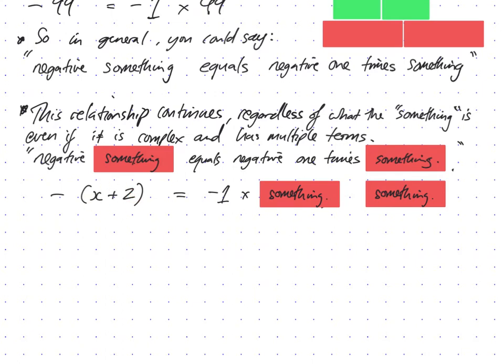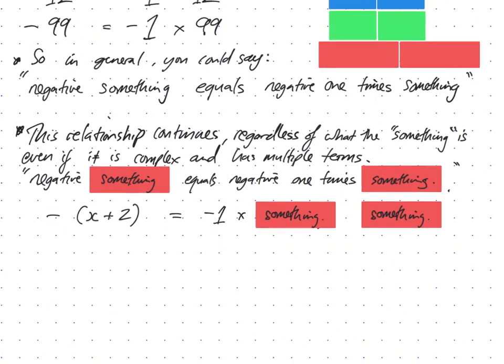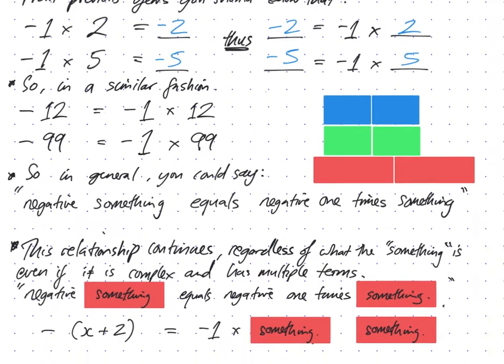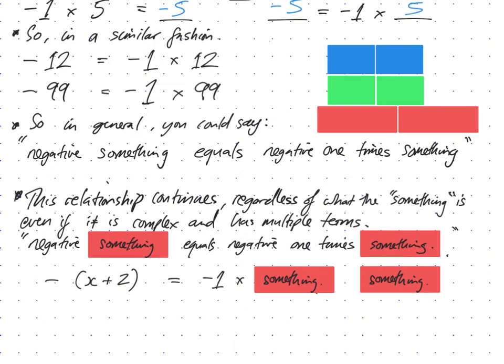And from what we've established previously, the negative version of a number is equivalent to -1 times the positive version of that number. So hopefully you should see that underneath this something is going to be the positive version of x plus 2. No negative sign in front of it, just x plus 2, which you'll see here. And from our repeated examples above, that is a true statement.